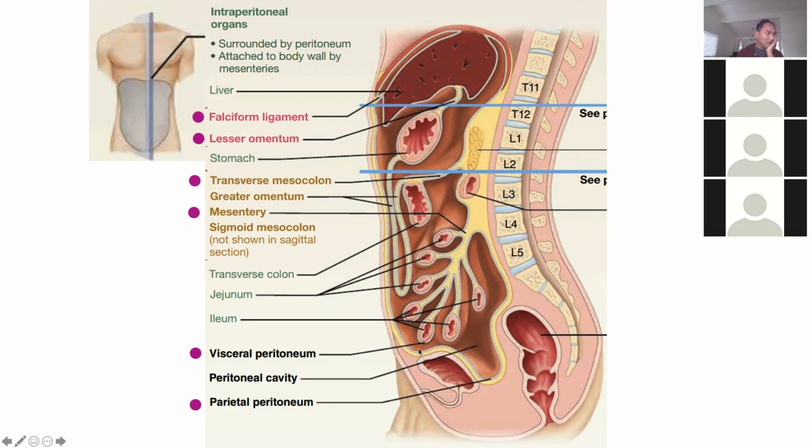So if you follow the parietal peritoneum, it's just like an egg, like you are trying to identify the beginning of a cycle and you can't find it. You're just tracing the cycle and trying to identify the beginning, and we can't find it. That's the same thing here. Where is the beginning of this peritoneum? So parietal peritoneum, we just follow along here.